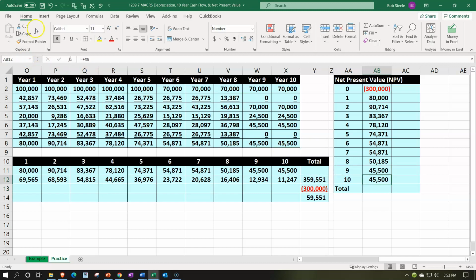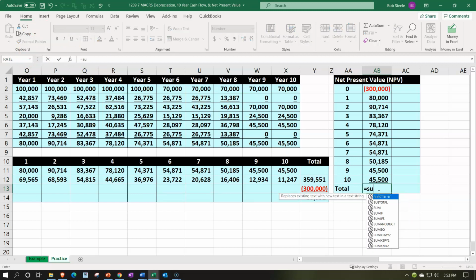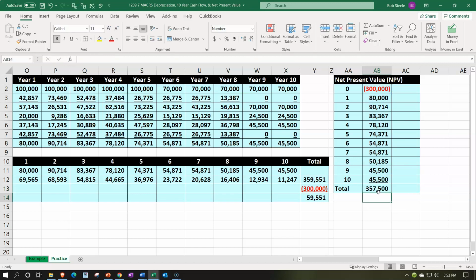Underline that, font group, underline it, sum it up equals the SUM. There we have it. And that's what we would have if cash flows after the 10-year without present valuing.